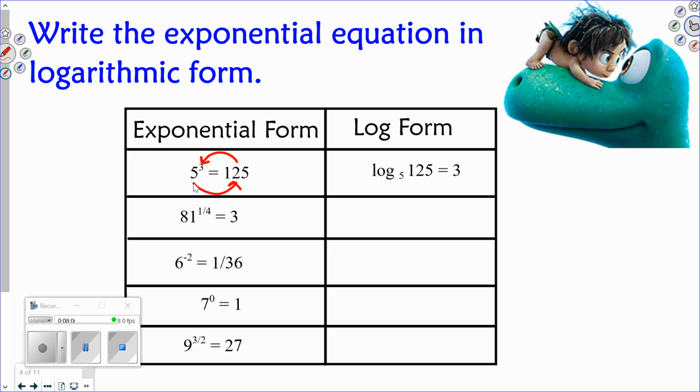So log base 5 of 125 and then the 3. So from left to right, it's the order in which I'm writing those numbers. The first one is the base, because that's the first number you would write. Then it's the 125, and then equals 3.